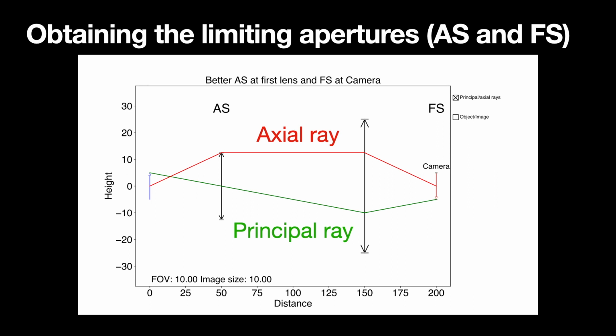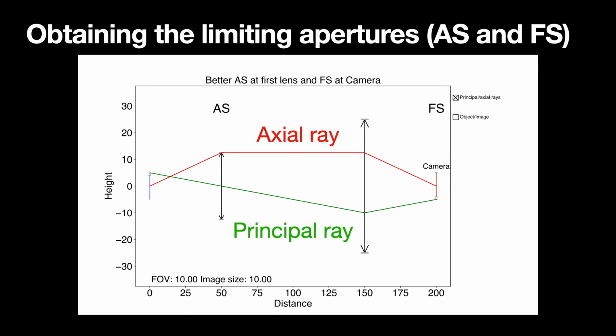Because of the finite size of the first lens and the finite size of the second lens, we can see that there's what's called the axial ray, that is the ray with the largest angle starting on axis from the center of the object, that is limited by the aperture stop, or AS.